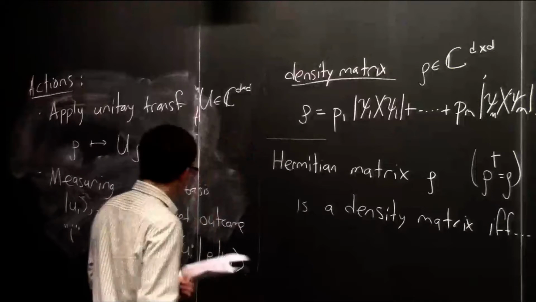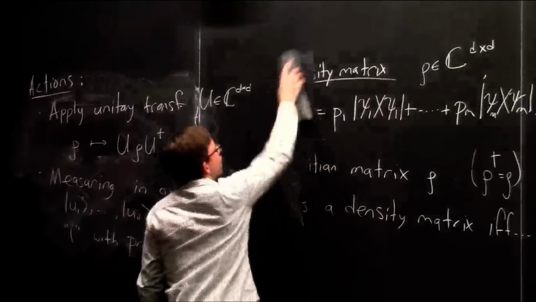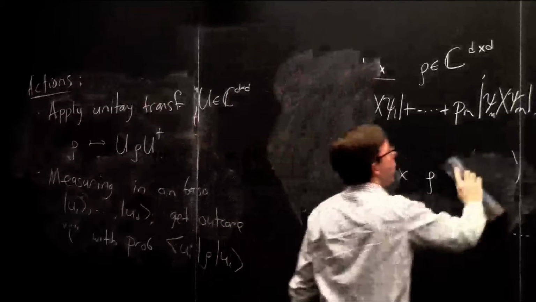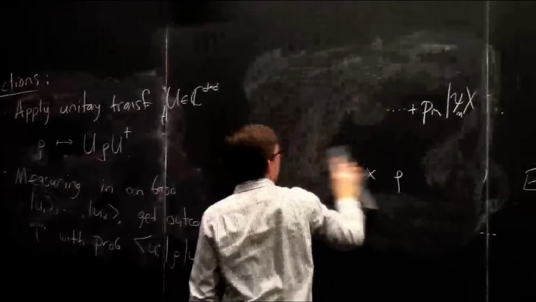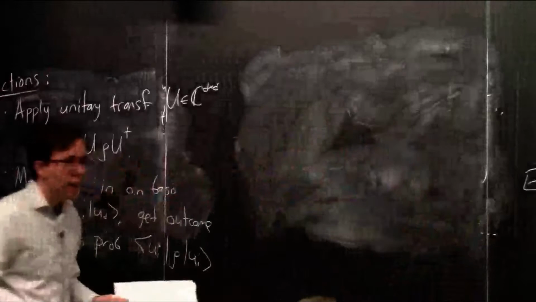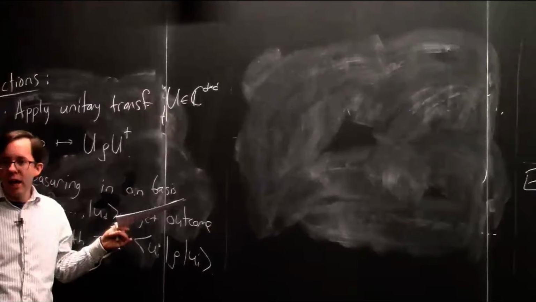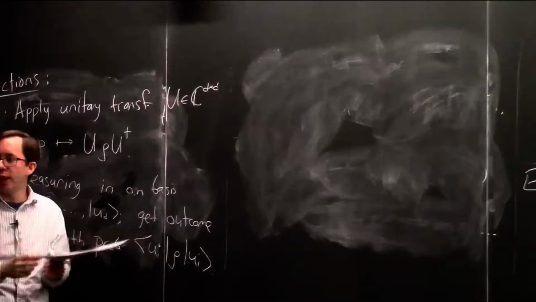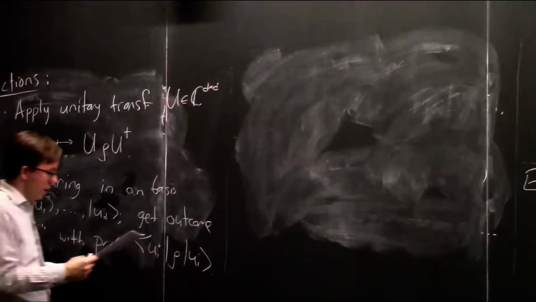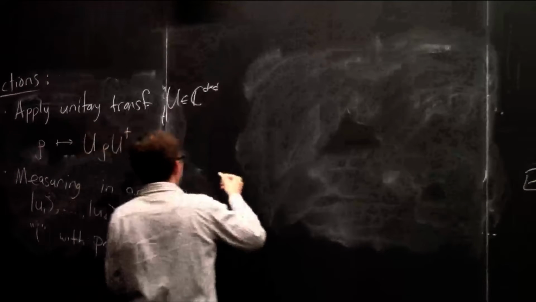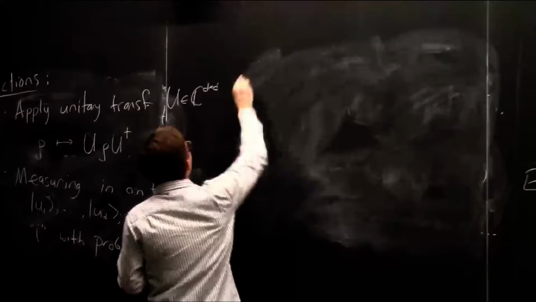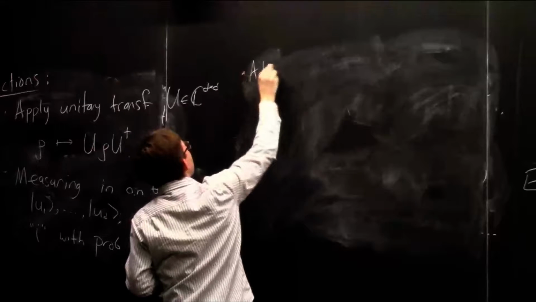And one more thing, I can't remember if we mentioned it last time, but one more action that you sometimes do with pure states, we talked about it in, I don't know, lecture 3 or 4 or 5 or something, is you have two quantum states that were prepared separately, and you just decide to consider them jointly as one big state. So let me tell you the story now with density matrices. I'll call this adjoining two states.